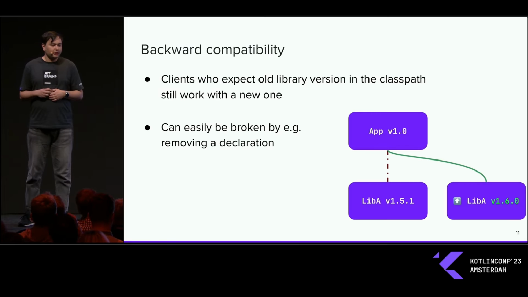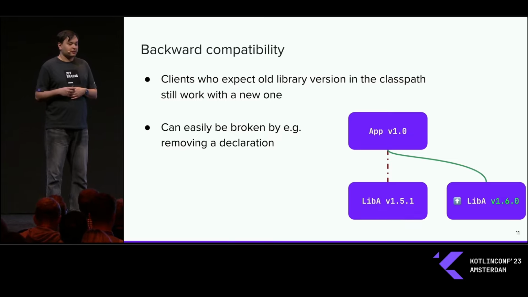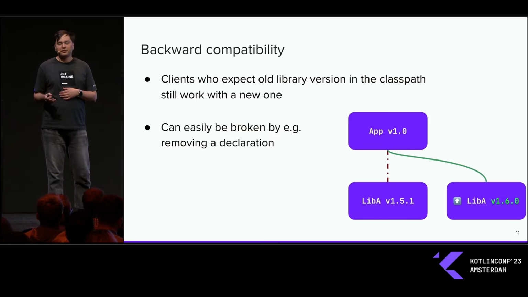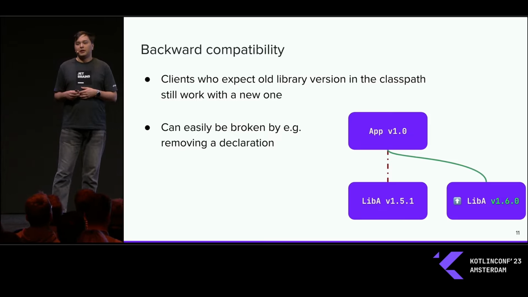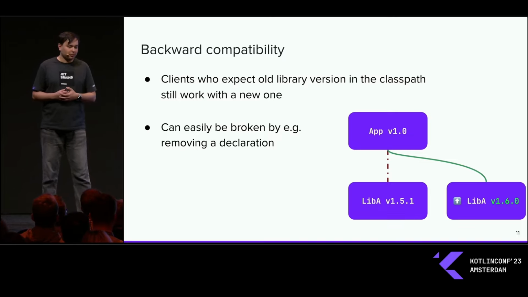We are talking here mainly about backwards compatibility. As you might have guessed, this is a property where clients who expect an old library version in a classpath can still work with a new one. And it can be easily broken, for example, by removing a declaration from a library.